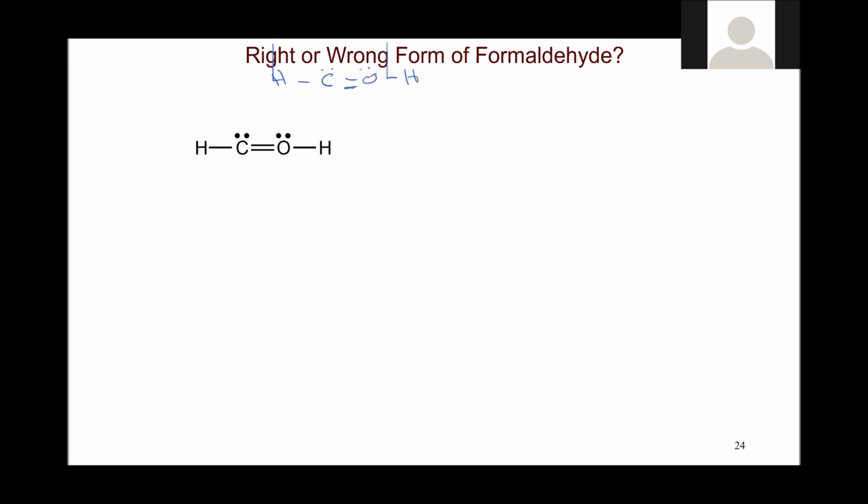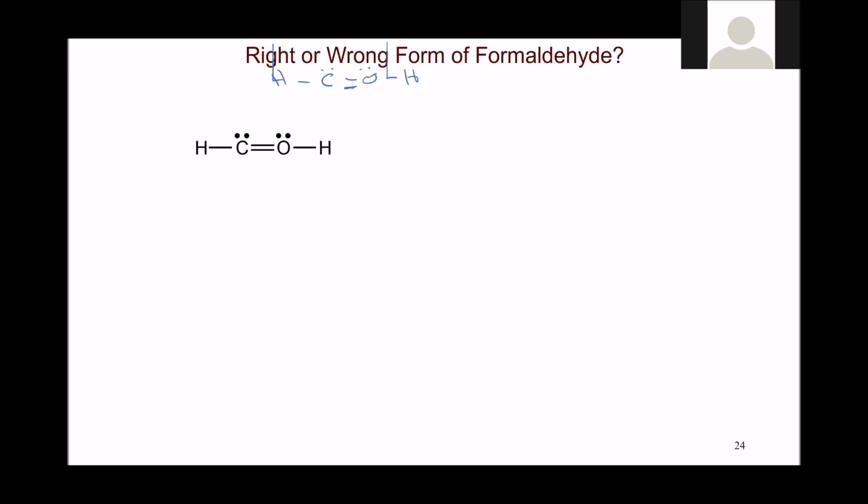If you check the octet rule for that Lewis structure, you will find that it's okay, because carbon has 8 electrons, oxygen has 8 electrons, hydrogens have 2 electrons.